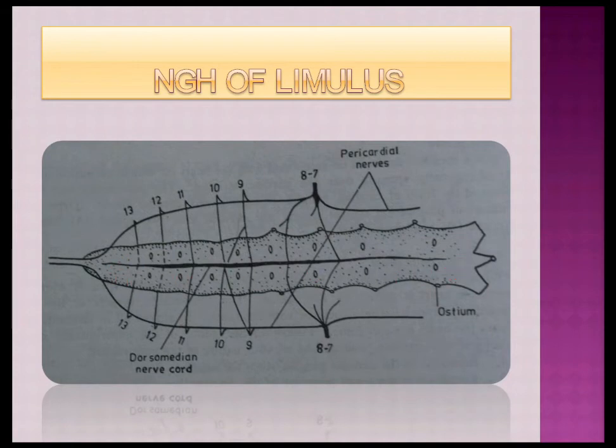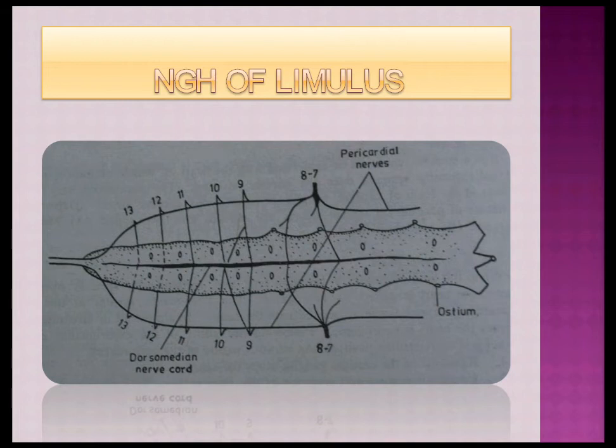And these are the ostia, which are present in each and every segment of the heart. So here the heart is long, tubular, somewhat chambered, and it has got many ostia. And from these ostia, the blood can go towards the inside of the heart. So it can go from the ostia into the heart. That's how the blood, or here I should say the hemolymph, is filled into the heart.